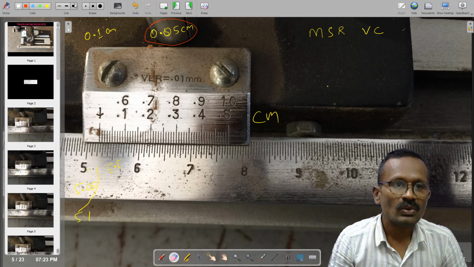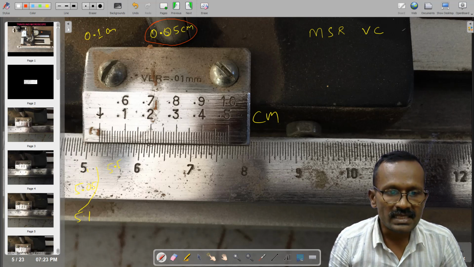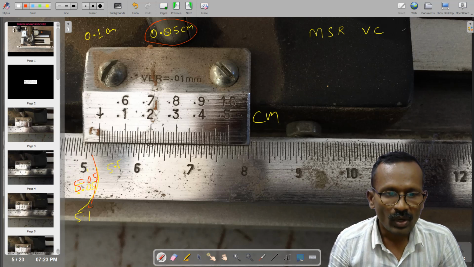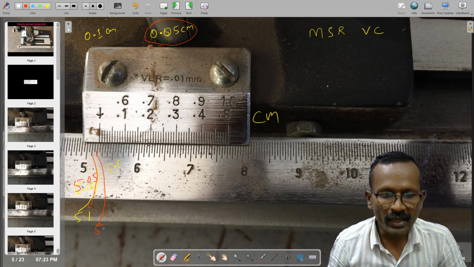So this is 5.1. This is 5.05. This is 5.1. What about this? This is 5.15. This one is 5.2.